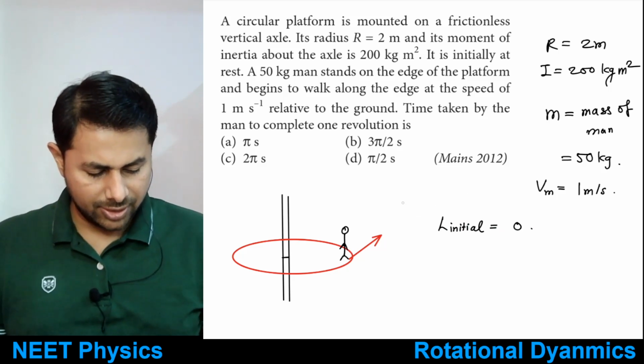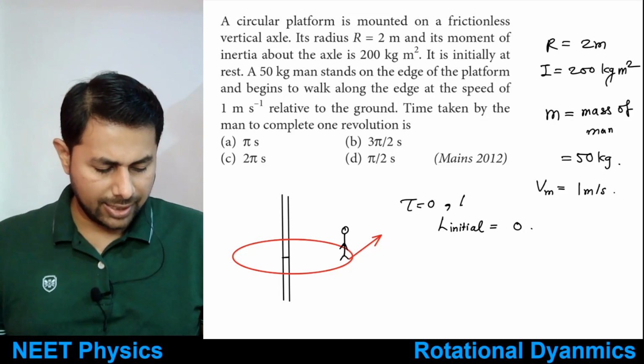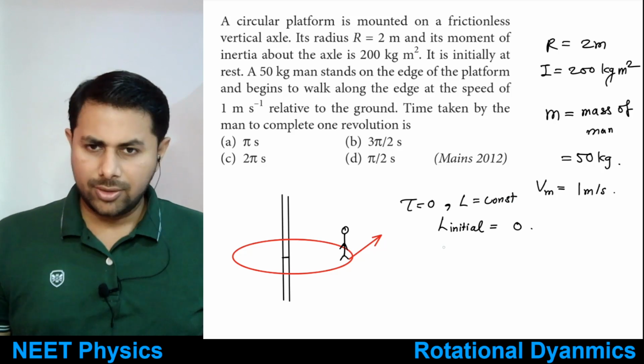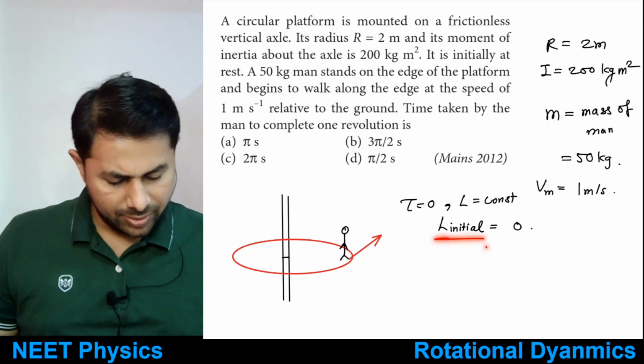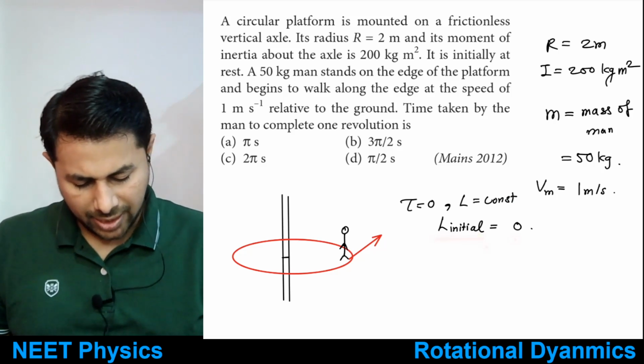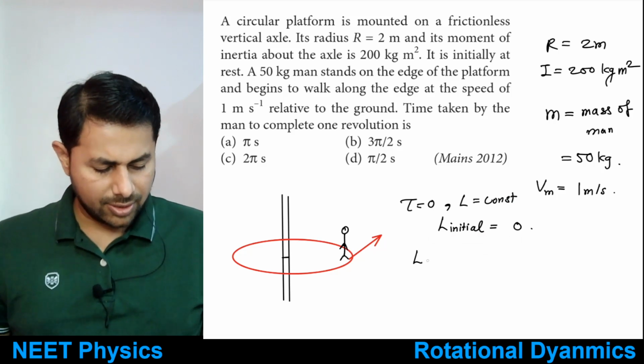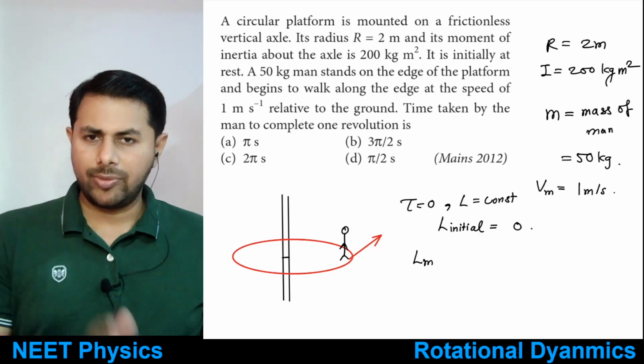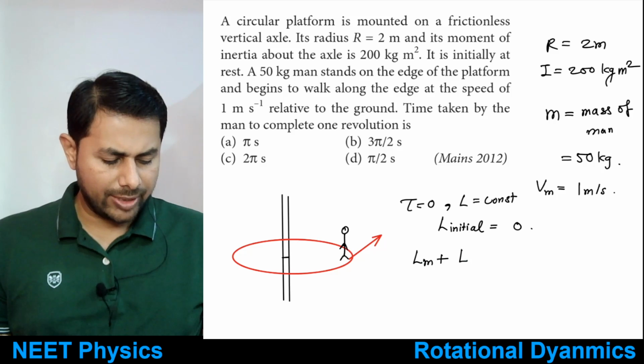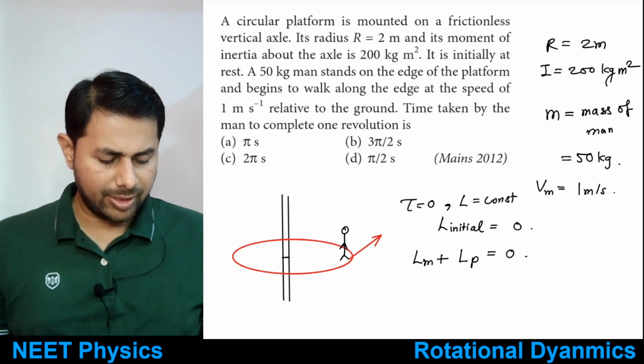Why is it constant? Torque is 0, so L is constant. Therefore you have L initial is equal to 0, and what is L final? So the angular momentum of man plus angular momentum of platform must be equal to 0.